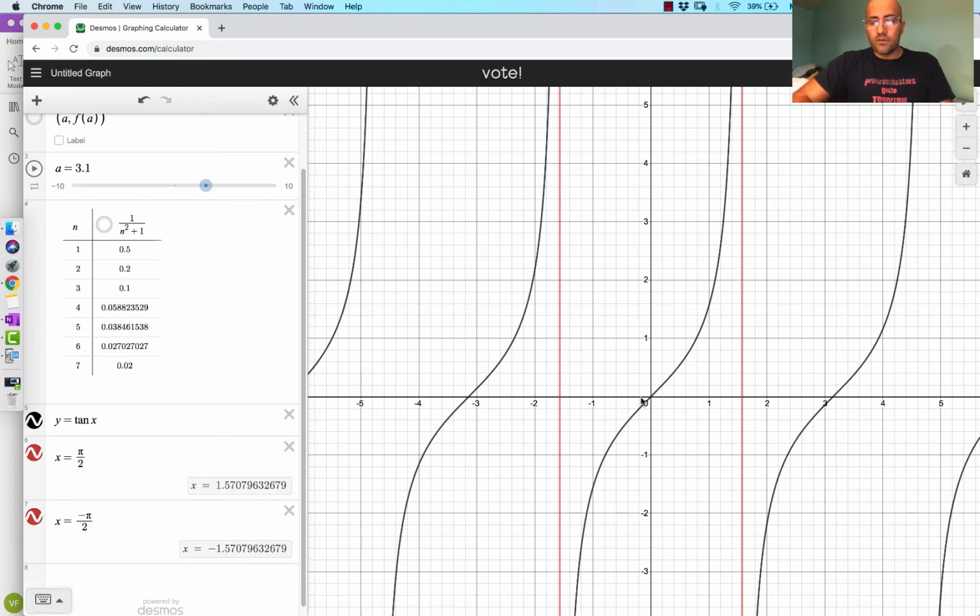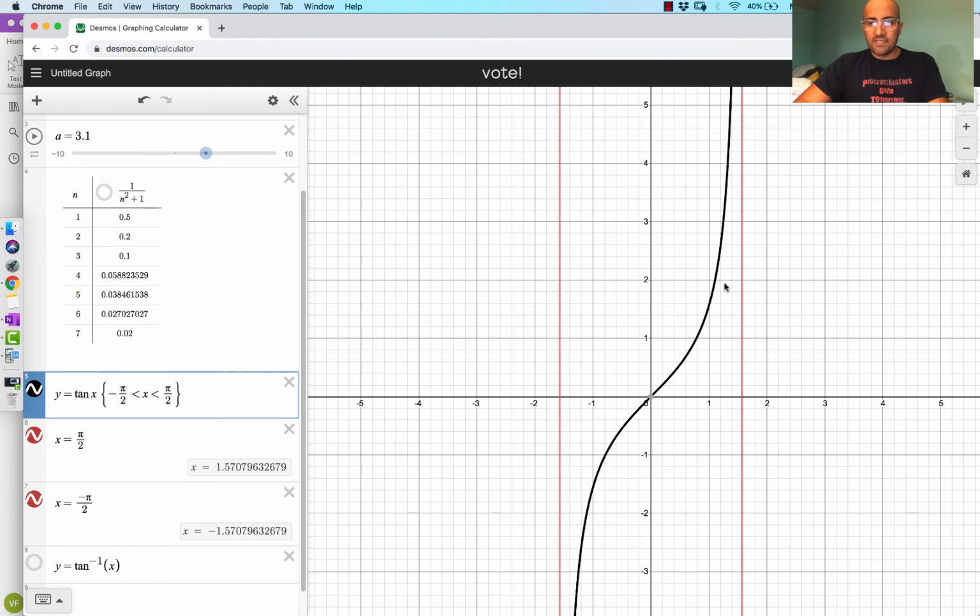Here is the tangent function, and there are vertical asymptotes at negative pi over 2 and at positive pi over 2. We restrict our domain between negative pi over 2 and positive pi over 2 and just focus on this middle one. If we single out one of the tangent functions, restricting the domain from negative pi over 2 to positive pi over 2, here's that standard one.